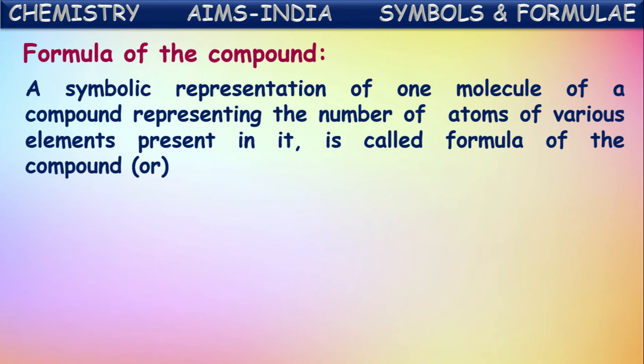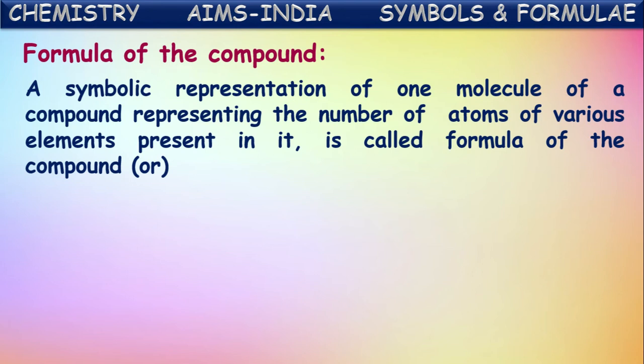instead of writing the complete name we can use a shortcut method for representing the name of a compound. The shortcut and symbolic representation of one molecule of the compound, representing the number of atoms of various elements present in it, is called the formula of that compound.